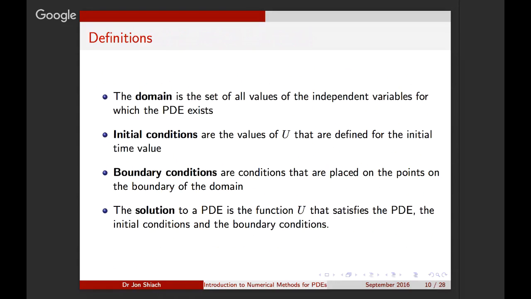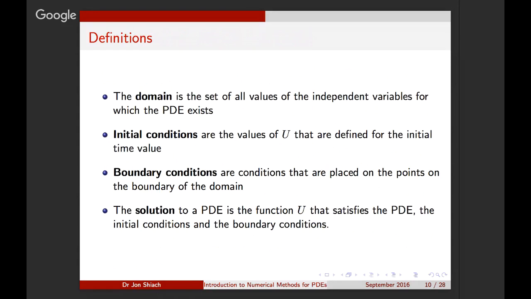And finally, perhaps the most important, is the solution. With the solution of a PDE, what we're trying to do is find the values of this function u. All of our PDEs are expressed in terms of partial derivatives of u, and we're trying to find out what that function is. For 99% of cases, there's no exact solution. With differential equations, it's very rare that there's an exact analytical solution, hence why we need to use numerical methods.